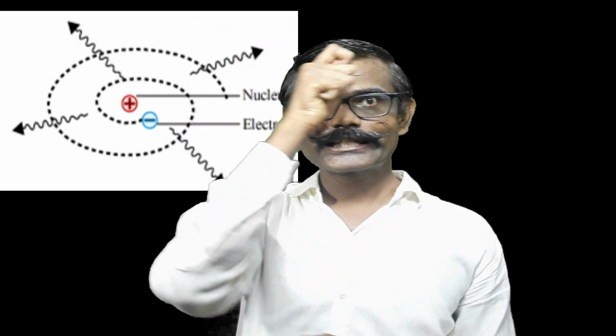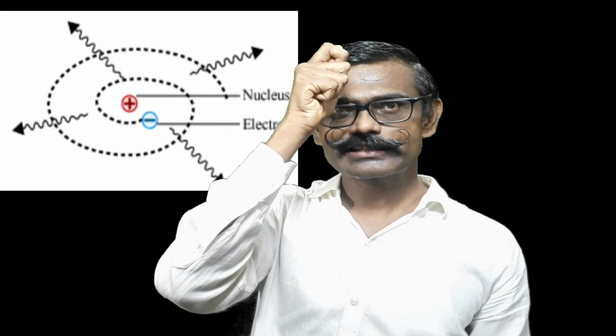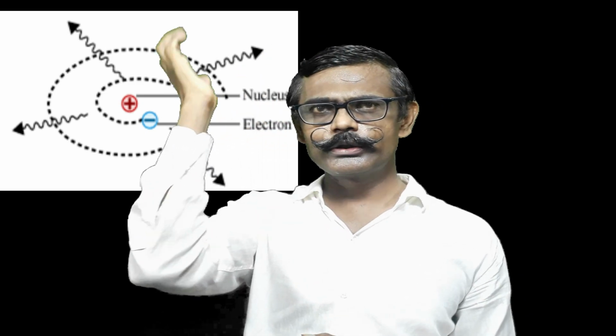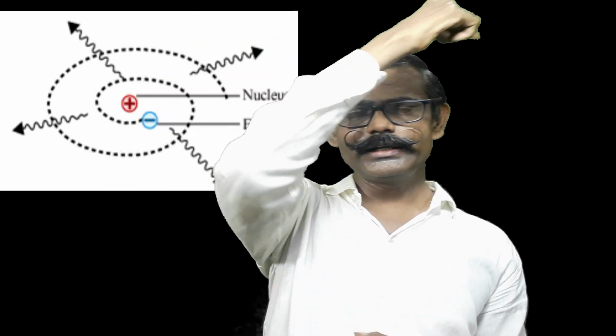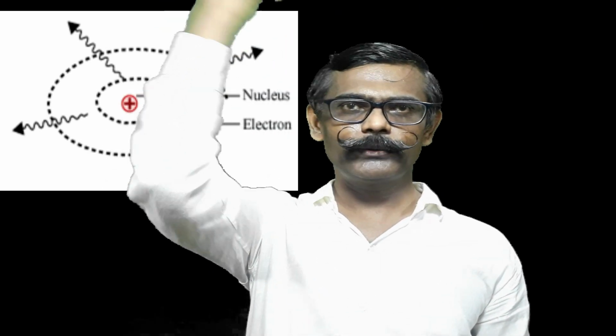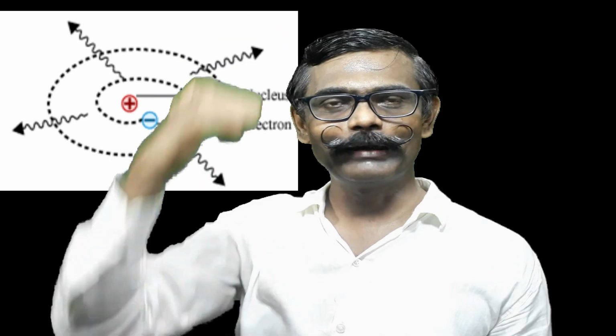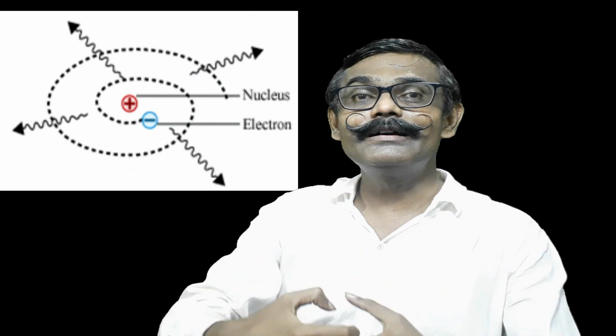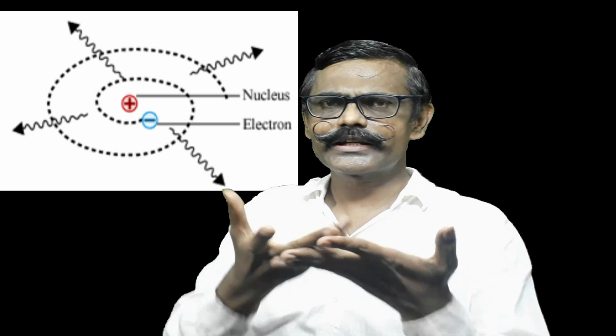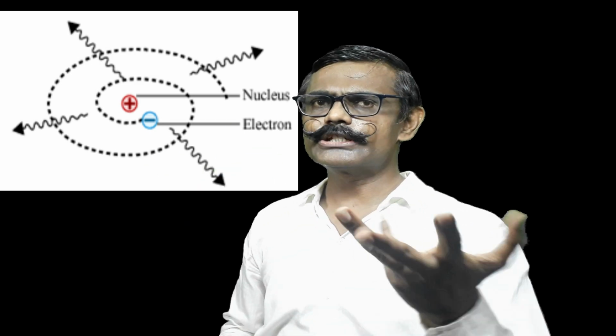If its speed decreases, with continuous acceleration, slowly its radius will decrease, and one time it will hit my head. Likewise, the electron should get merged into the nucleus. That was the expectation, but it is not happening.